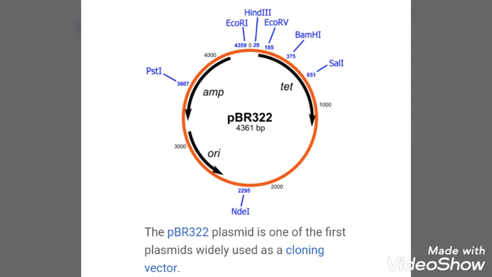The number varies in other plasmids. In pUC101, the number is different. Here pBR322 has 4361 BP, meaning base pairs, meaning 4361 nitrogen base pairs are present in this plasmid.